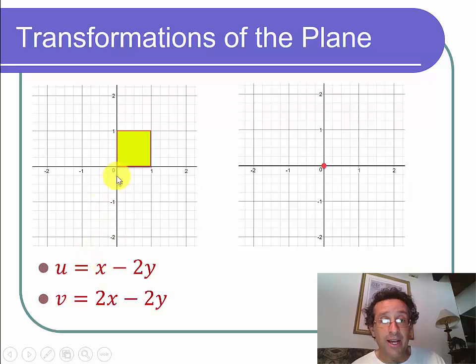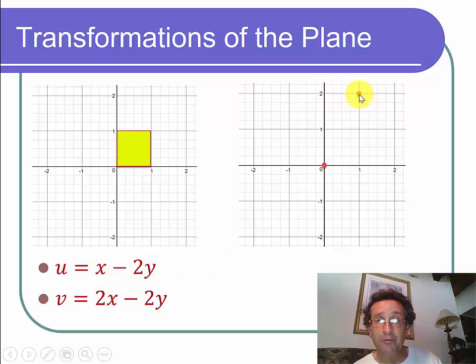Notice if you plug in 0, 0, that's this corner point, you get u is 0 and v is 0. So far so good. The origin goes to the origin. If you plug in 1, 0 on the other hand, you get 1, 2. And that's this point way up here.